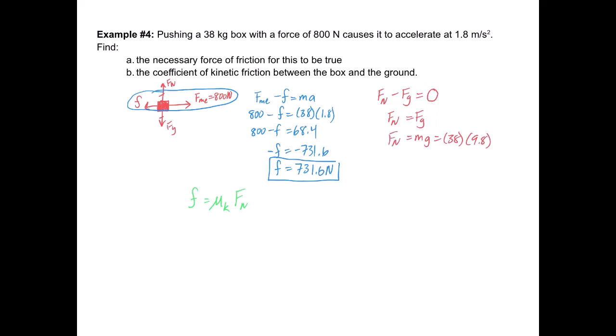So we just take that 38 there, and we multiply by 9.8, and we get 372.4.